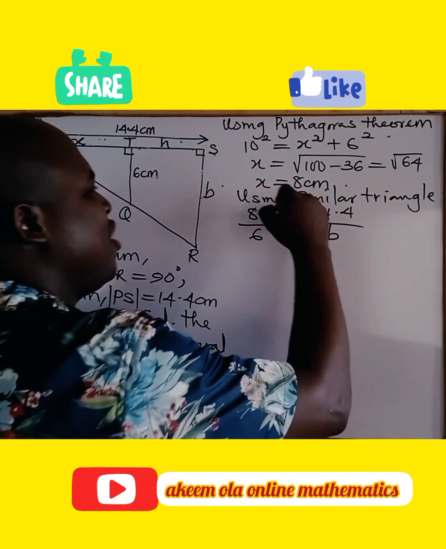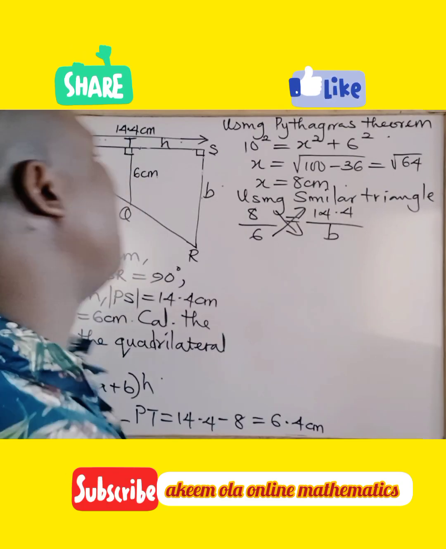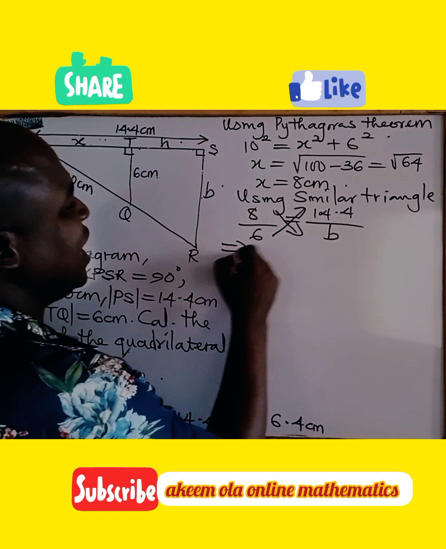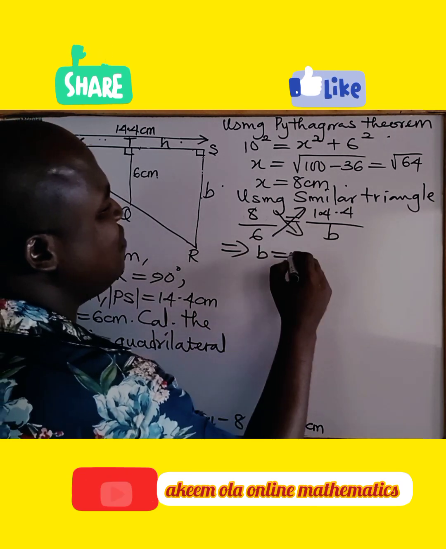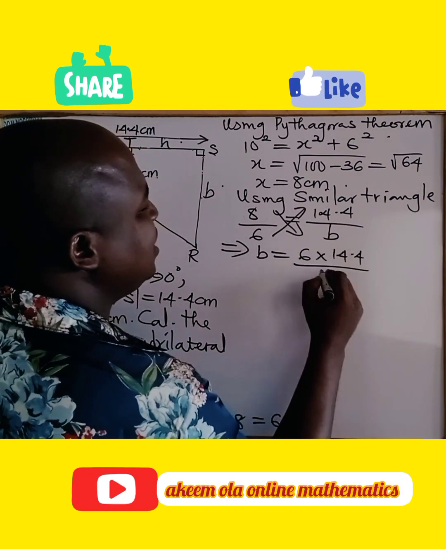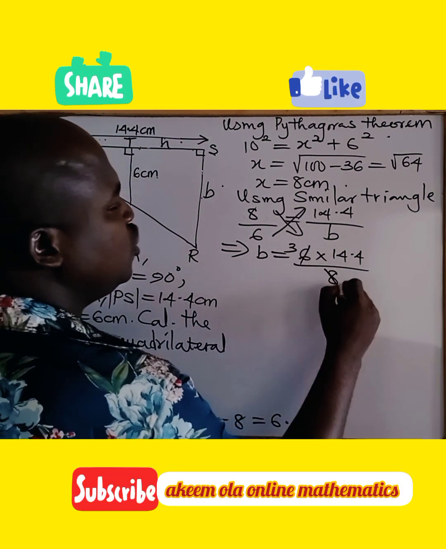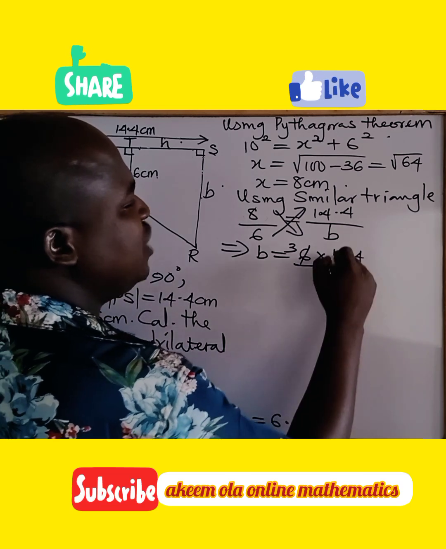So from here, we can cross multiply and make B the subject of the formula. If we cross multiply, our B will be 6 times 14.4, everything over 8.